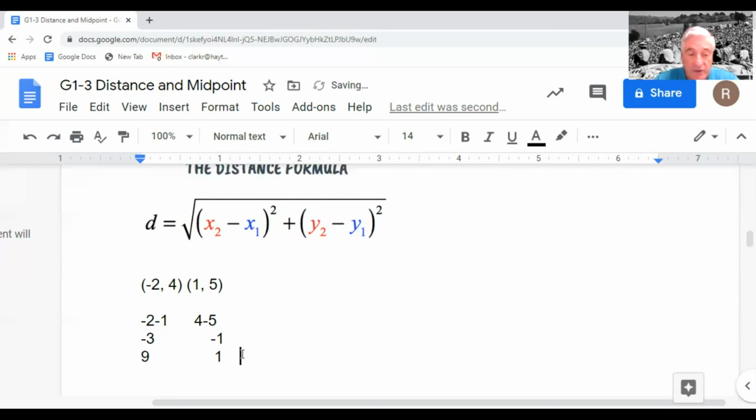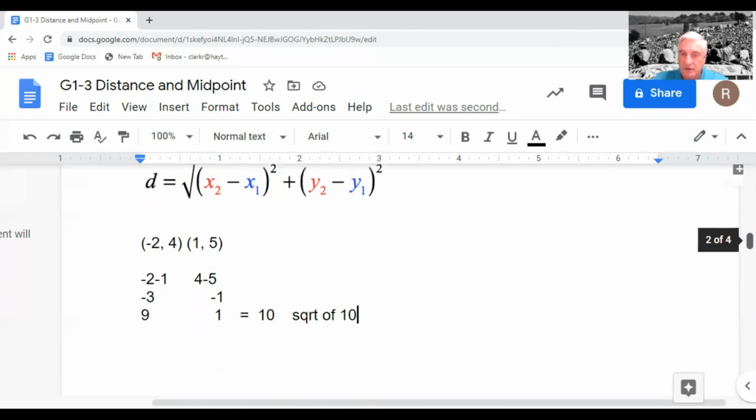So our answer is the square root of 10. And once again, the square root of 4 might be 2, and the square root of 1 might be 1. The square root of 10 is 3 point something. So you can leave that alone. If you have a calculator and want to give me the first 2 digits, that's fine. Now that's how you use the distance formula.